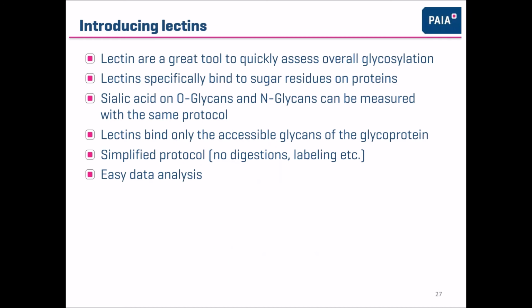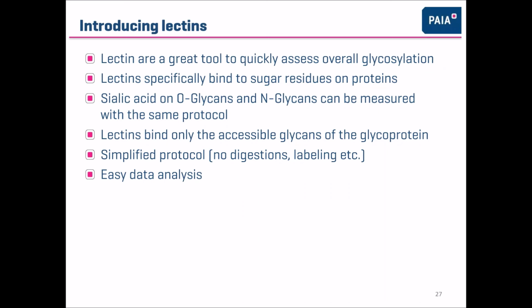So when we looked into this subject, we came across lectins, and you may have heard about lectins already. Lectins are plant-derived proteins, which are a great tool to quickly assess the overall glycosylation on proteins.